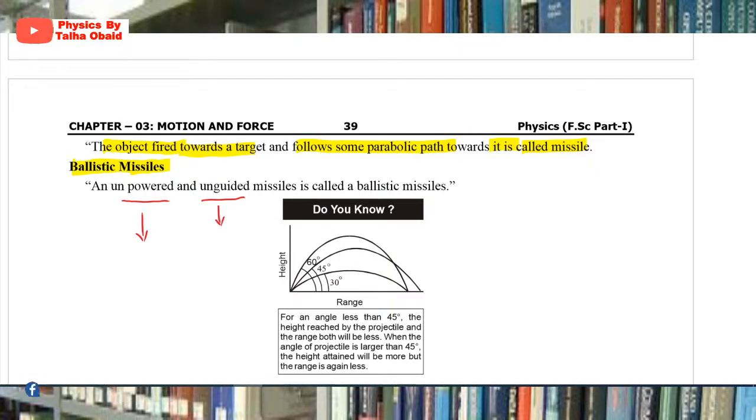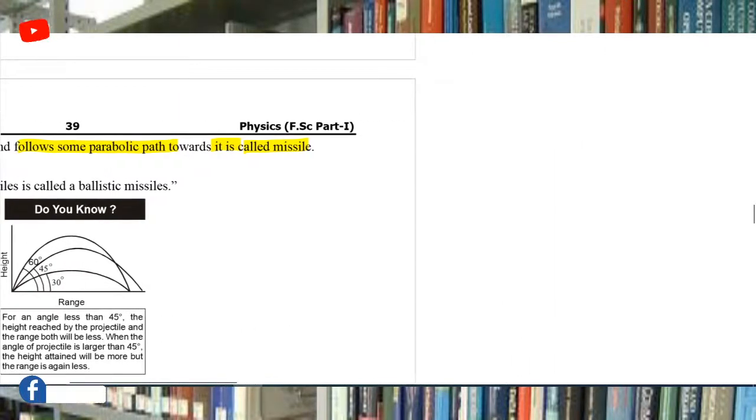What do we mean by unguided in this case? Okay, let me give you an example of guided missiles. You might have watched some scene in a movie where a missile is following a target fighter plane, and where that plane goes, the missile goes in the same way. Now you might have thought at that time, what kind of missile is that?